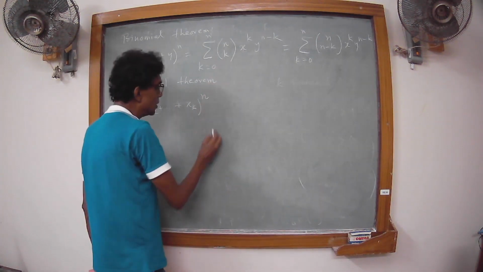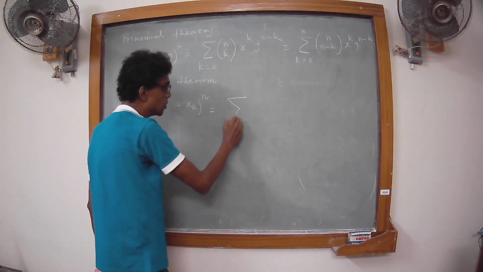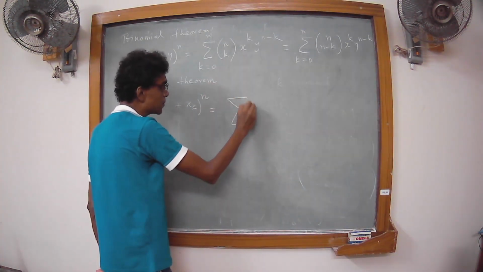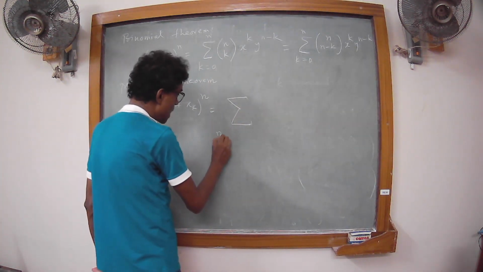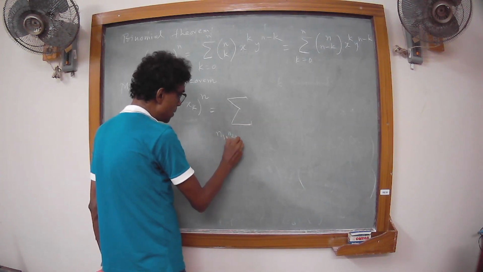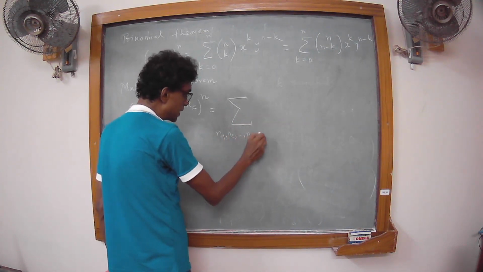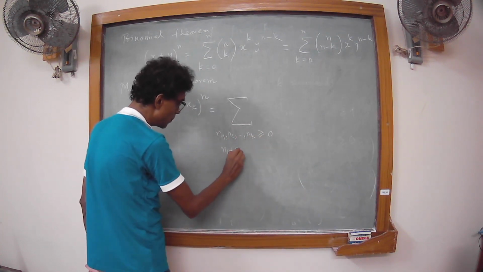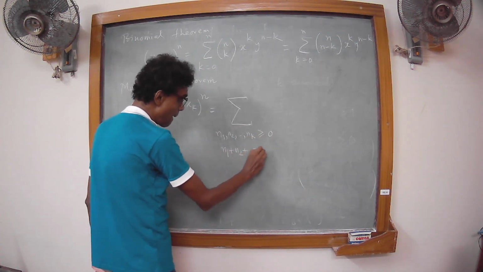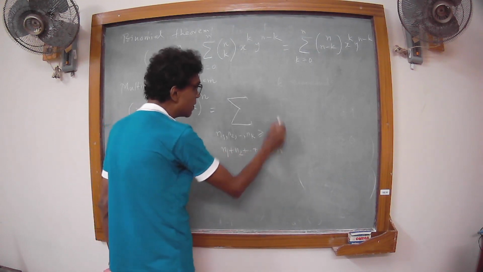Then a similar formula holds, but it is much more complicated looking. So I now make a sum over all n1, n2, up to nk, which are non-negative integers and they add up to n.